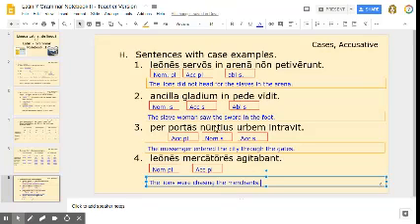That means we know the messenger is doing something. And then urbem is the accusative, so it doesn't have a preposition, it's a direct object. We know the messenger entered the city. Okay. Leones is our nominative subject, mercatores is our accusative plural direct object, and we only have the verb, no prepositional phrase in this one.